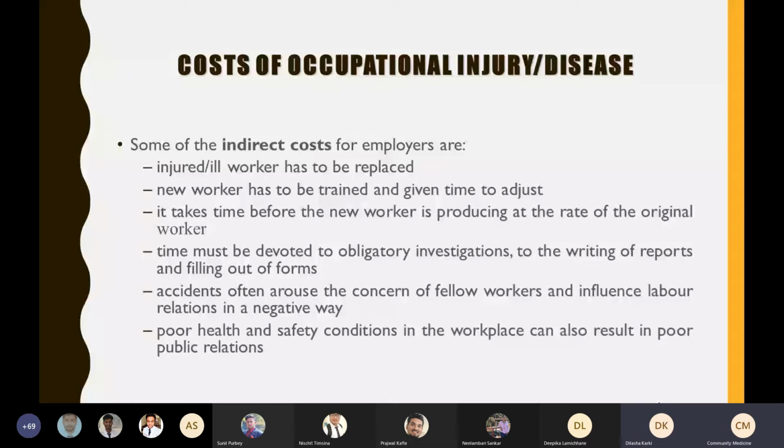Also, poor health and safety conditions in the workplace can result in poor public relations.